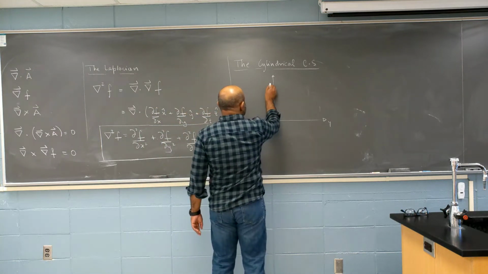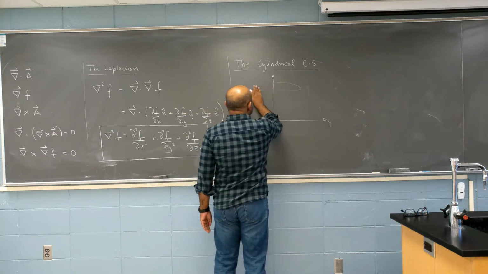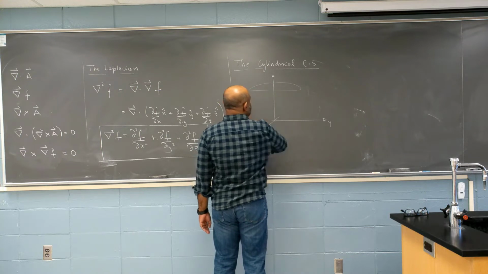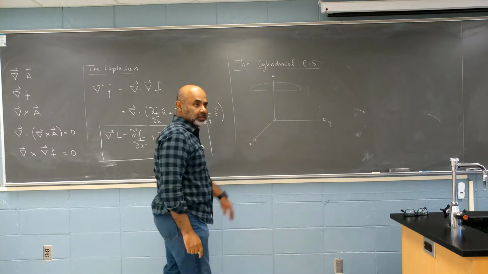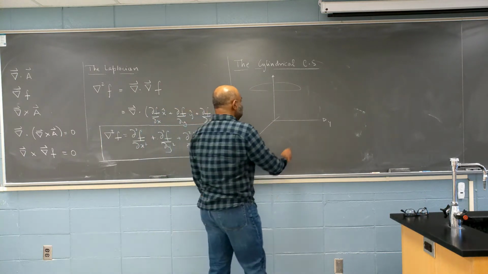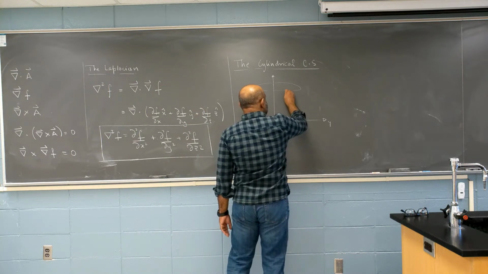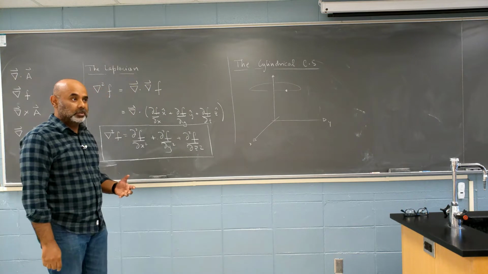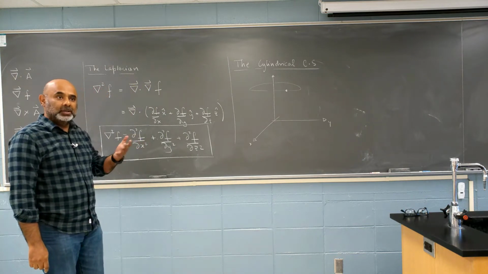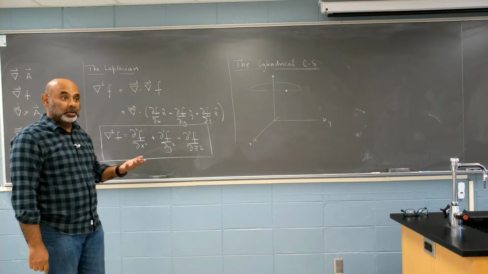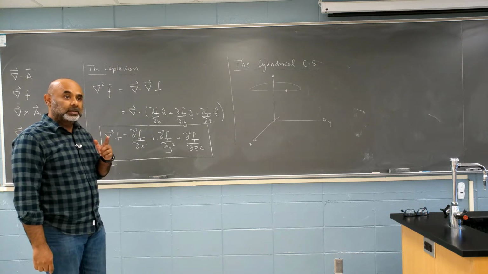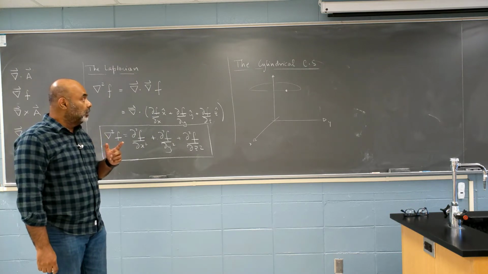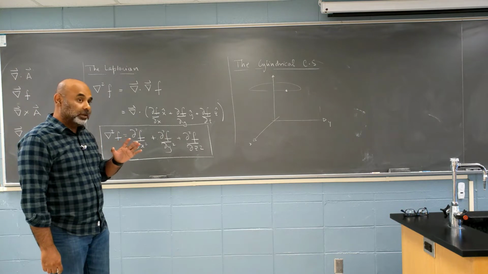So I have a cylinder in mind, so let me draw a sort of a circle. This circle doesn't exist. Now suppose I have any point I wish to locate in my cylindrical coordinate system. I would use x, y, and z in the Cartesian coordinate system. But in the cylindrical coordinate system, I will use something different.